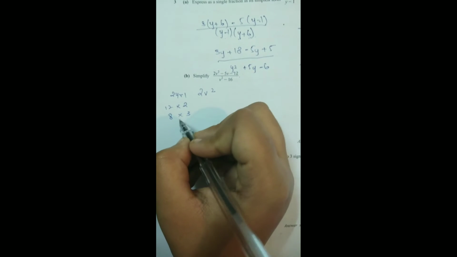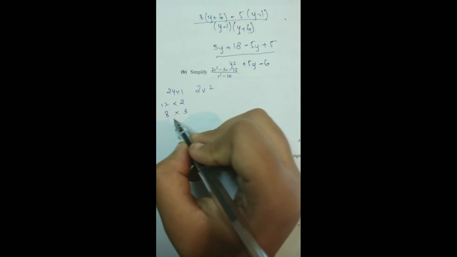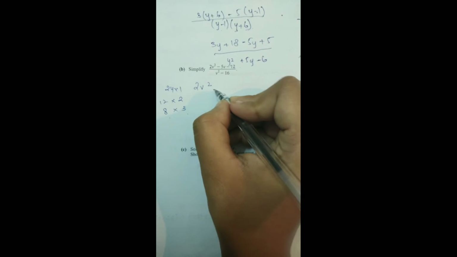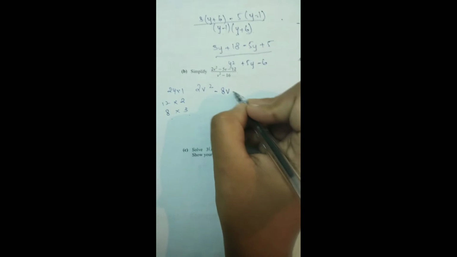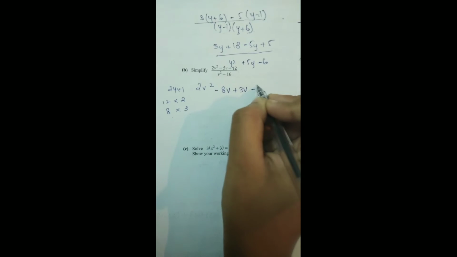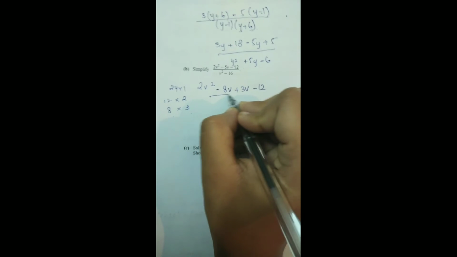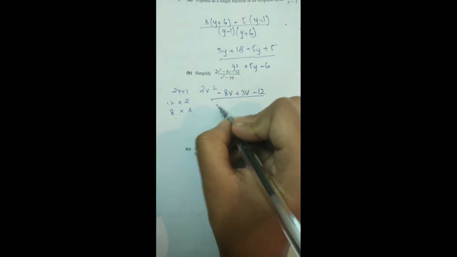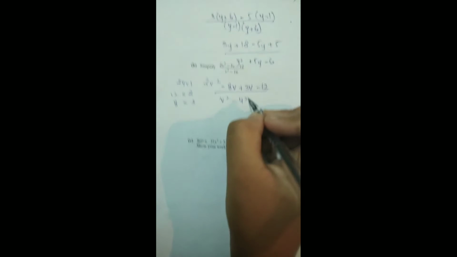So how will we get 5? That would be 3 minus 8 is 5, and we have to get minus 5, so minus 8v plus 3v minus 12 over v square minus 4 square.